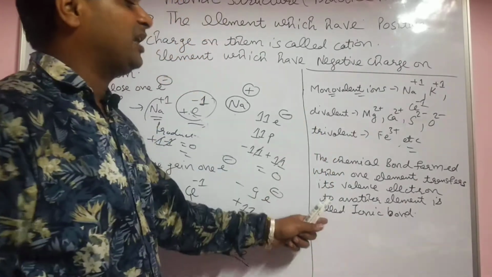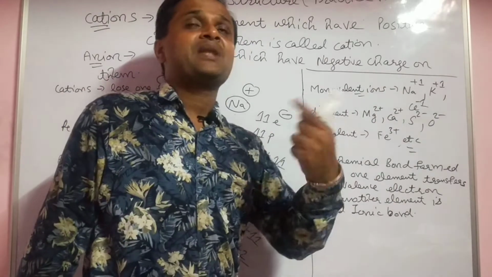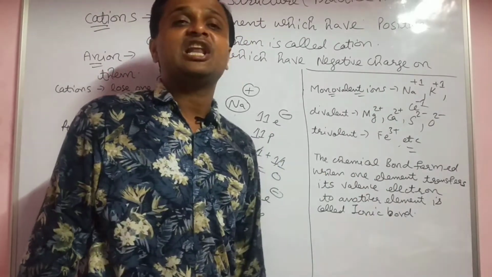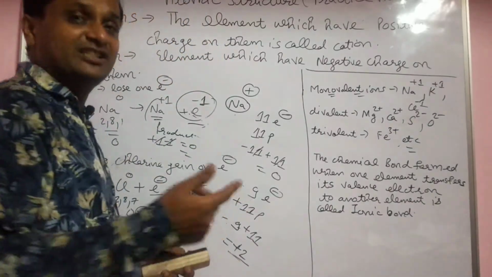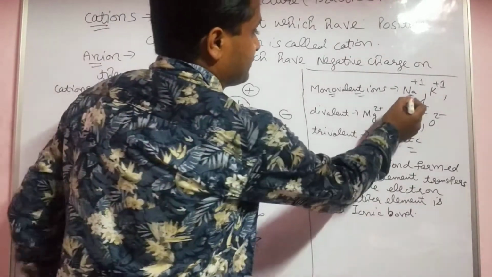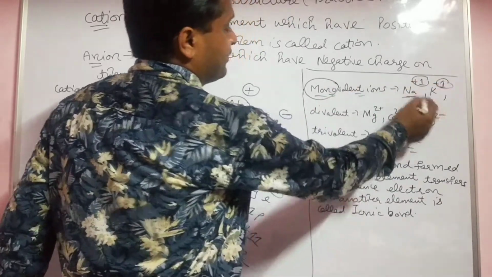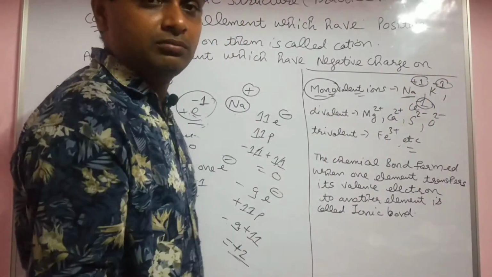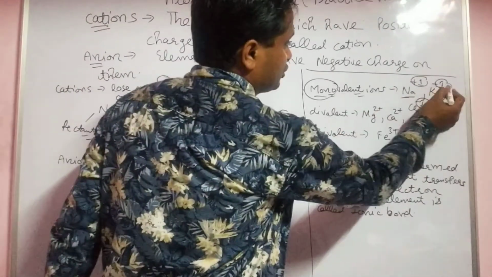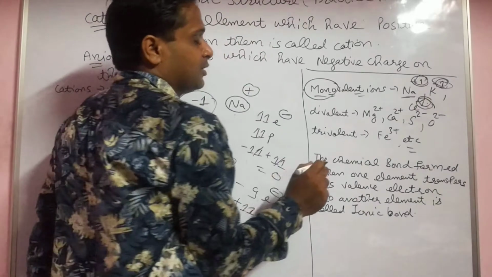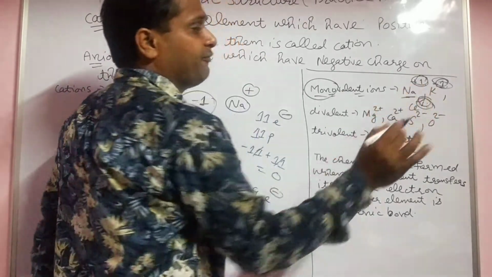The ionic bond is also called the electrovalent bond. In the case of a covalent bond, it is called covalency, and in the case of the electrovalent bond, it is called electrovalency. Valency is the same actually. Monovalent, mono meaning one, means one valency only. Negative or positive does not depend. If the valency is one, it means monovalent, whether negative or positive, it makes no difference.